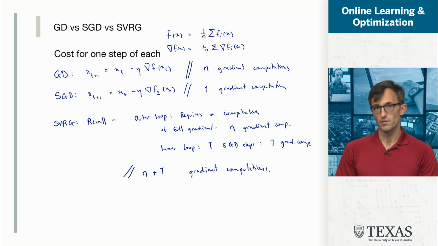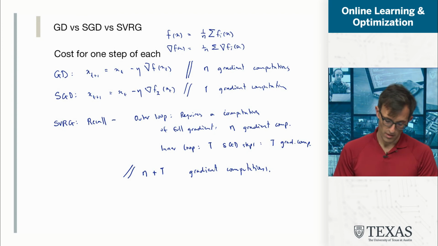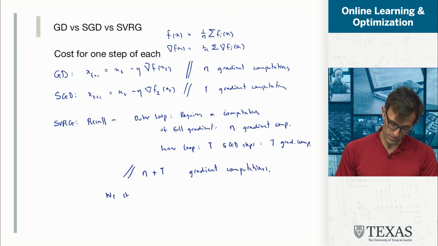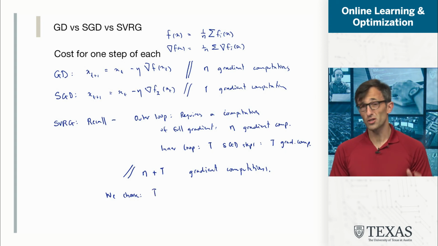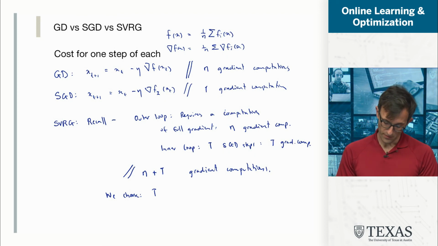And if you don't remember, look back at the previous lectures to see the specifics of the algorithm. In order to get the guarantees, we choose t to be a function of some parameters of the function we're seeking to optimize. So we choose t to be some multiple.